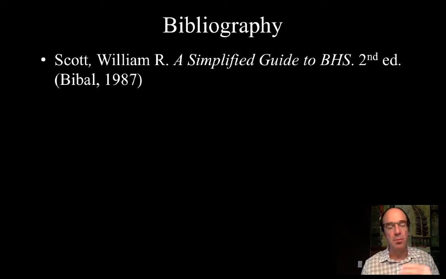Now the same material is in the front of the BHS text, but many of the abbreviations are explained in Latin. So Scott's book is a helpful guide that gives you the meanings in English.